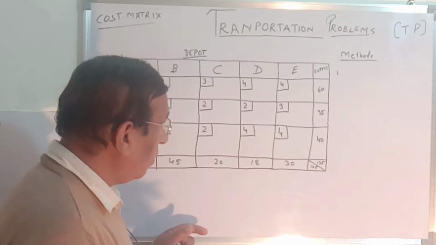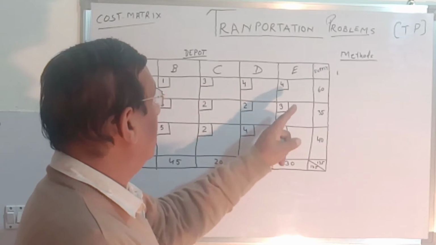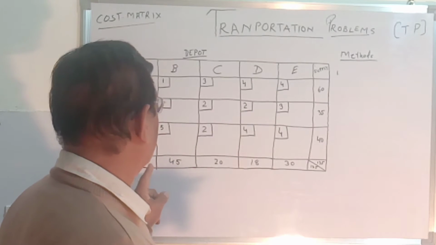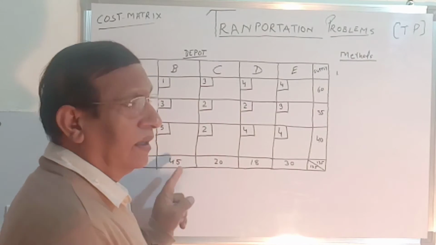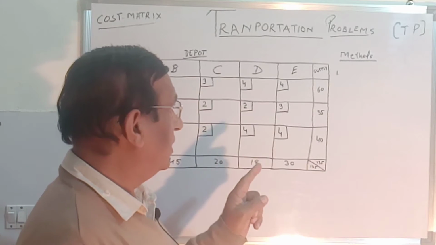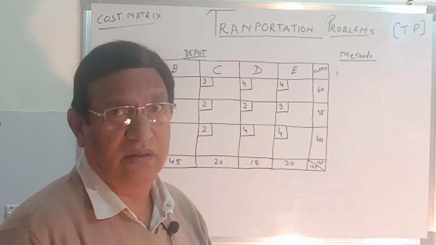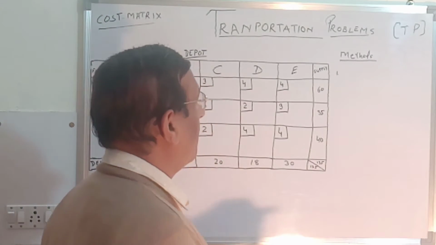What do we want to solve? We want to justify the various demand and supply. We have to pick up the supply and satisfy the demands. So for that there are three methods. In this chapter only three methods are there.